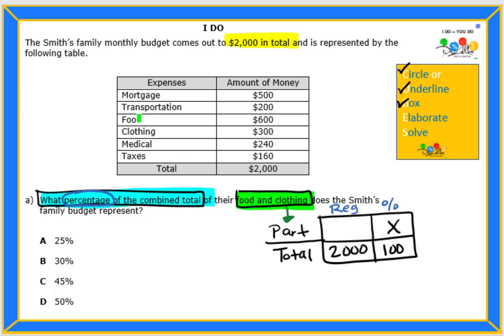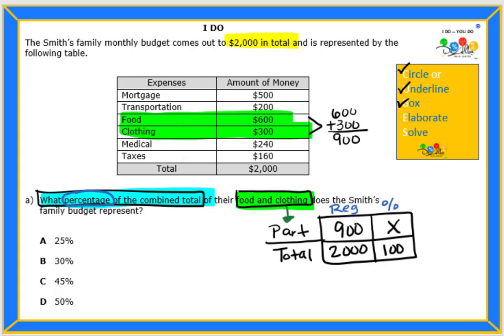So we have food and clothing. So we're going to go ahead and put those two together, and we're going to add them. 600 plus 300 is 900. So the part that they spend on food and clothing is $900. So we're going to go ahead and put that in our percent box.